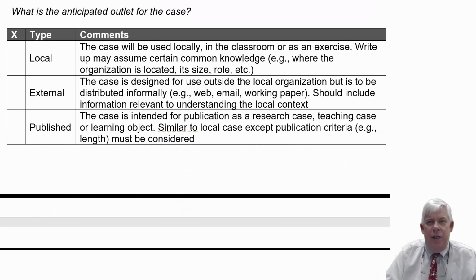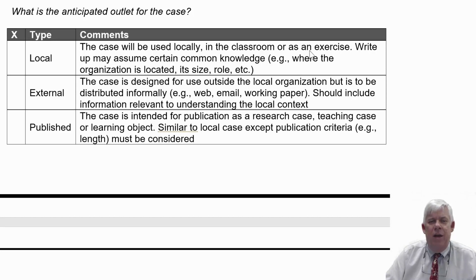The next question you're going to want to ask yourself before engaging in a case research project is, what is the anticipated outlet for the case? There are a variety of different outlets that you could have. One might be just for local use. This is more likely to be the case for a teaching case as opposed to a research case.